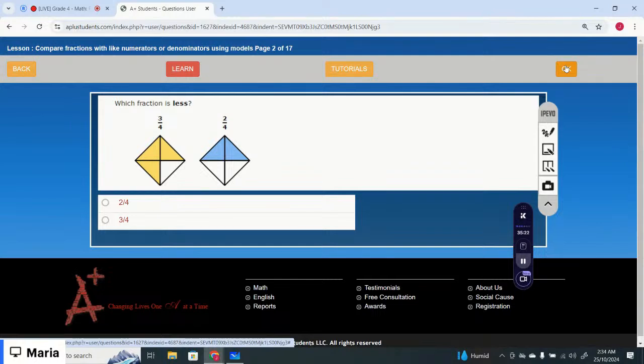Which fraction is less? Which is the correct option? 3 by 4, 2 by 4. 2 by 4 is less than 3 by 4, right? 2 by 4 is the correct option.